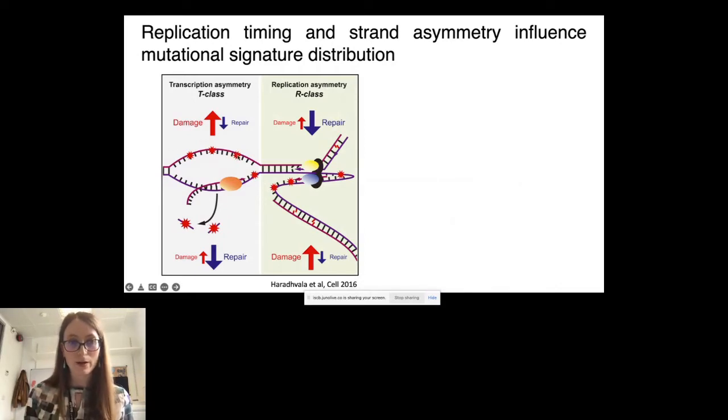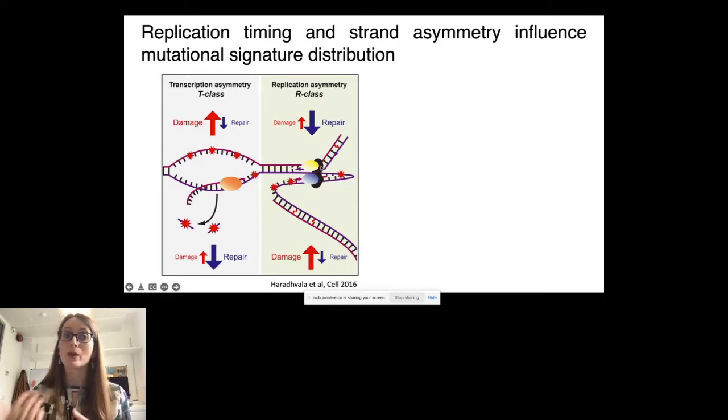In terms of transcription, it turns out that depending on which strand the mutation is accumulated on, it will be more or less easily repaired. So there are certain biases in terms of how mutations are accumulated on different strands and how they will be repaired.